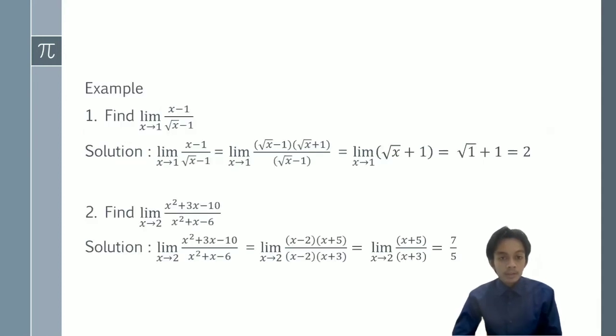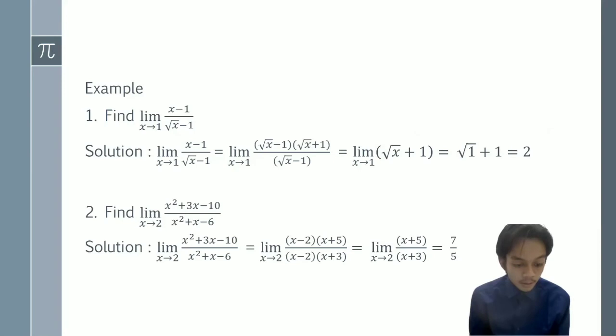Okay, let's see the example. Example number 1: find the limit of x minus 1 all over the square root of x minus 1 as x approaches 1. To solve this problem, we can factor the function on the top, and we will get the square root of x minus 1 times the square root of x plus 1. Both of the square root of x minus 1 are eliminated, and we will get the limit of the square root of x plus 1 as x approaches 1.